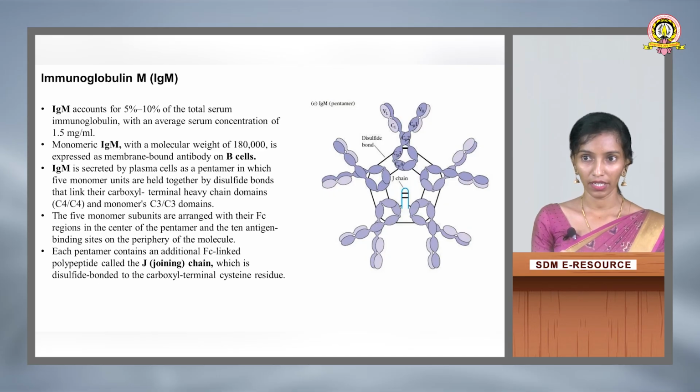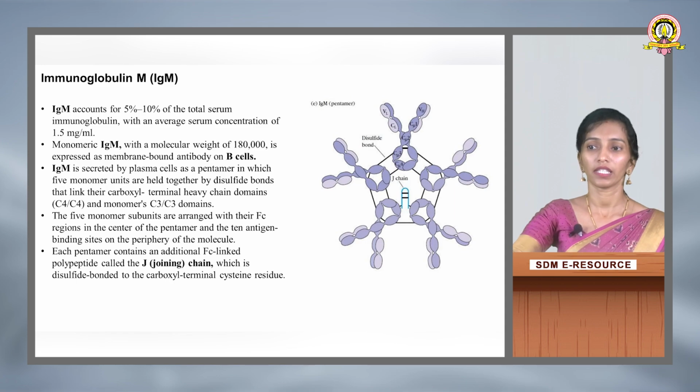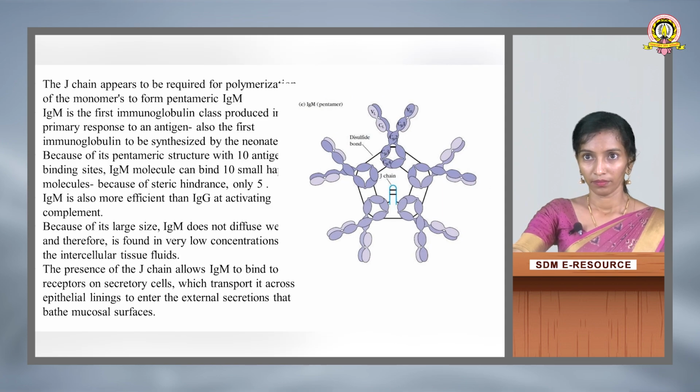Each pentamer contains an additional Fc linked polypeptide called the J chain, which is disulfide bonded to the carboxyl terminal cysteine residue. The J chain appears to be required for the polymerization of the monomers to form pentameric IgM.